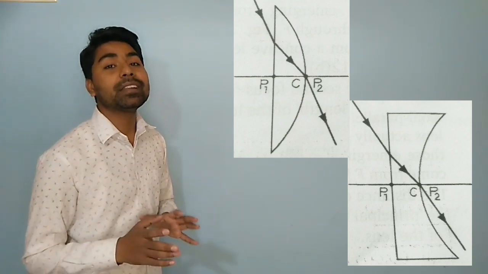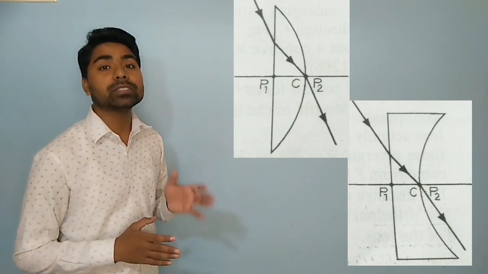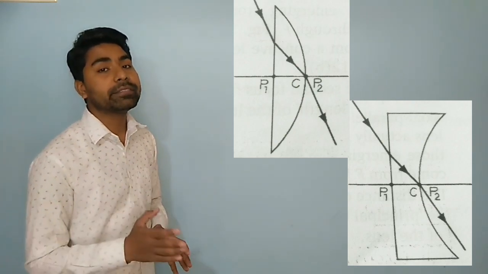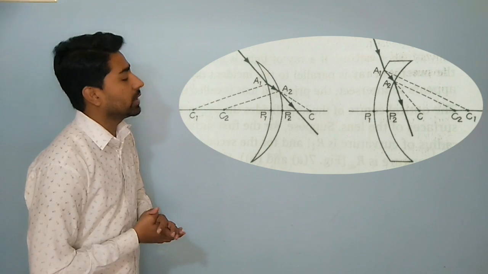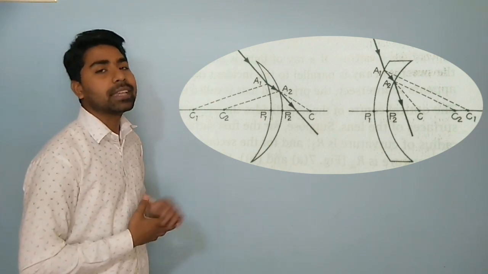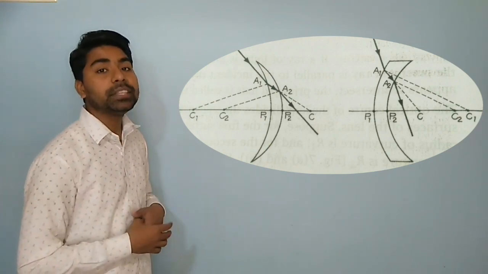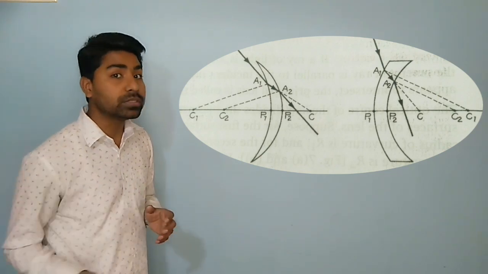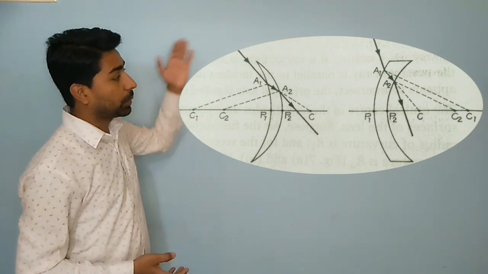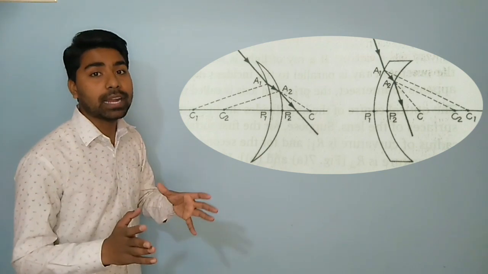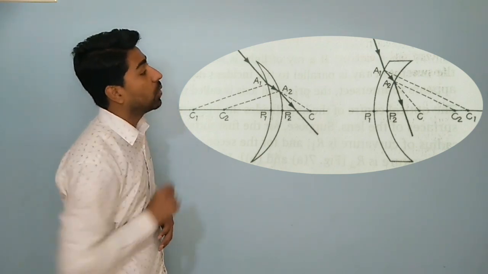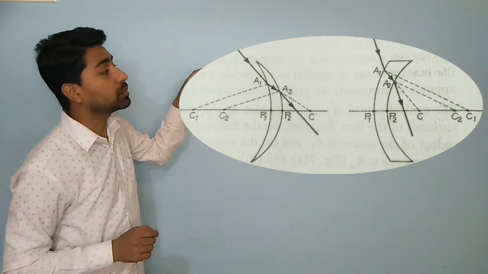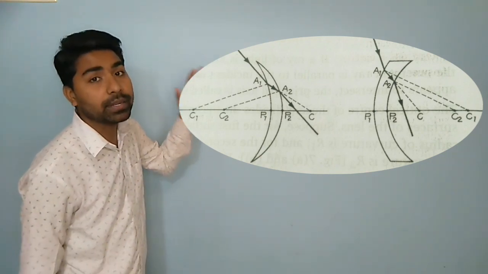And next, for the concavo-convex or convexo-concave, in these two cases, the optical center will lie outside the lens. Here, the optical centers are lying outside the lens, but on which side? The side which is more curved.